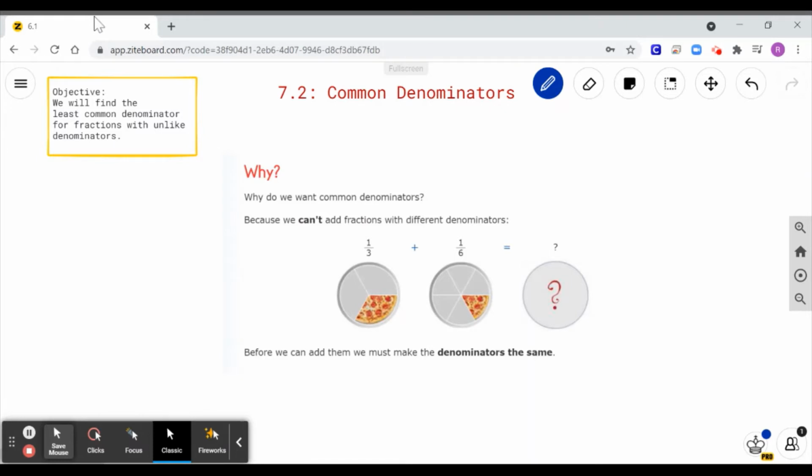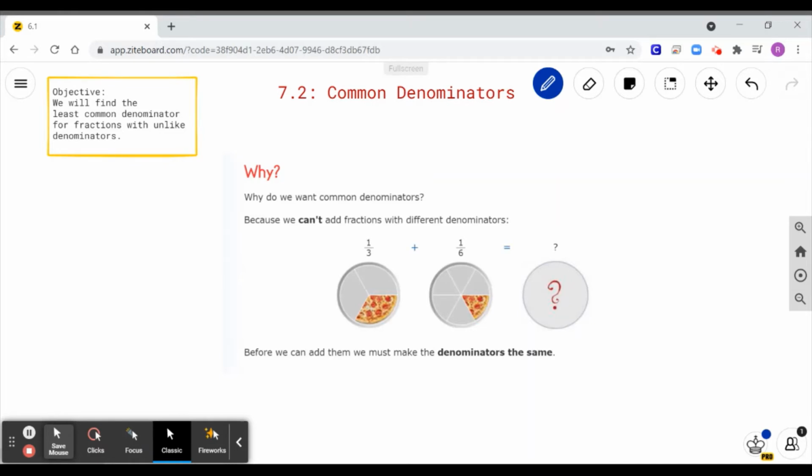Another question that you might have is why? Why do we want common denominators? Well, the reason we want common denominators is because we can't add fractions with different denominators. So as you can see here, we have a pizza that's showing the fraction 1/3 plus the fraction 1/6. We can't add those two fractions up because the denominators are not the same.